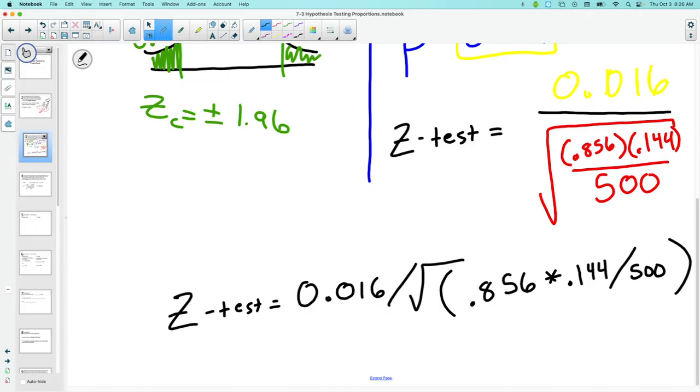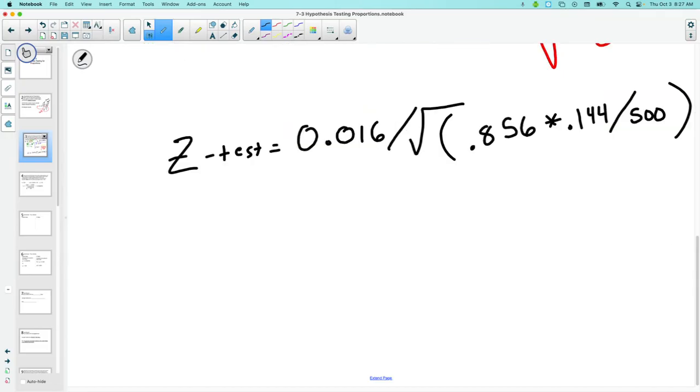You could add more parentheses if you want, but since the stuff in the square root is already in parentheses and it's all multiplying and dividing, we don't need to worry too much about order of operations there. Let's check here. That's about what I got, 1.019.